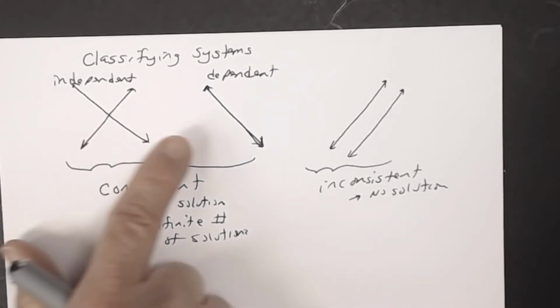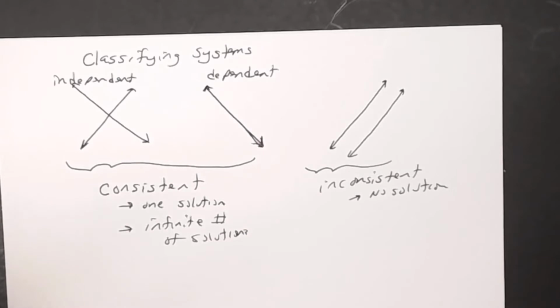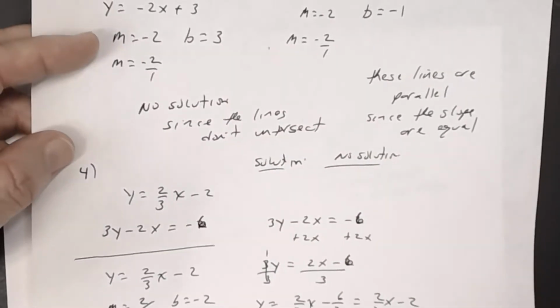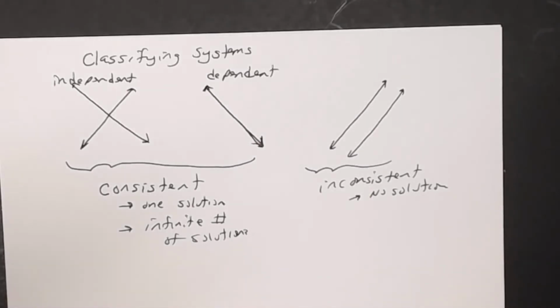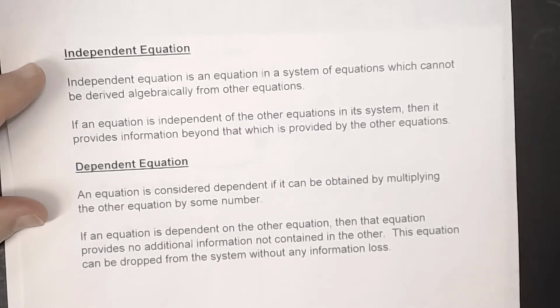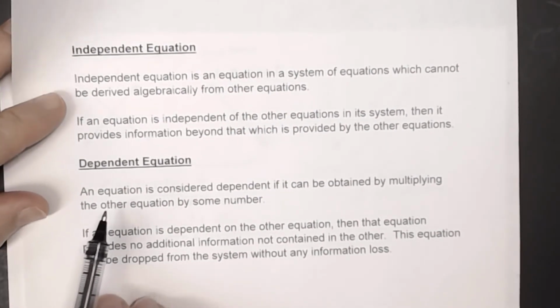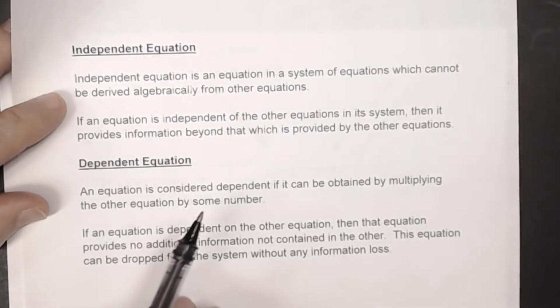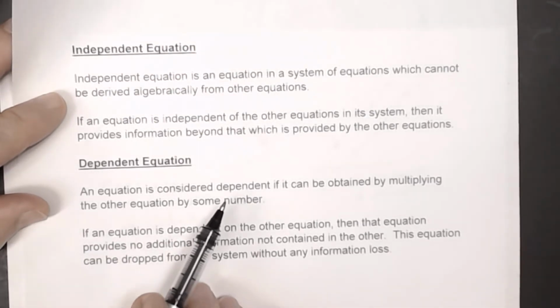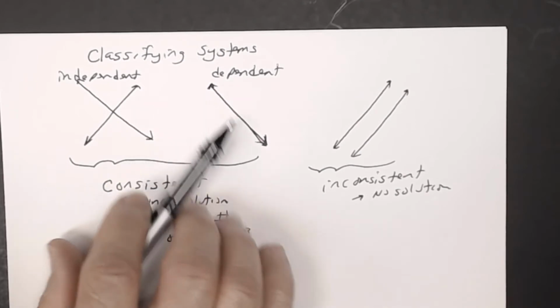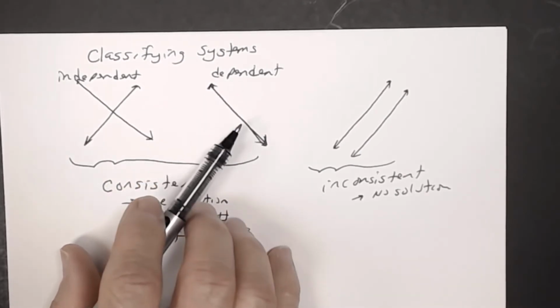So I want you to go back to number 4. Remember in our definition for dependent, it says that an equation is considered to be dependent. And we know now that if the lines overlap, then the equations are dependent.